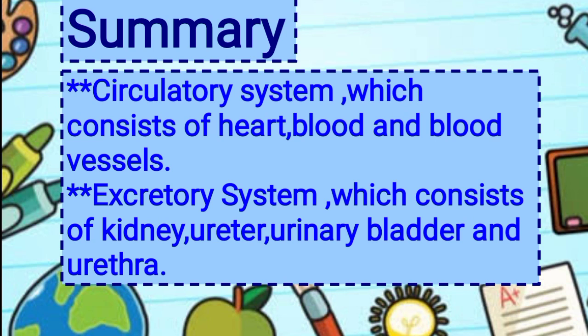So, the urinary bladder is a temporary storage for urine. And the function of this urinary bladder is to collect and store urine from the kidneys until it can be excreted out of the body.